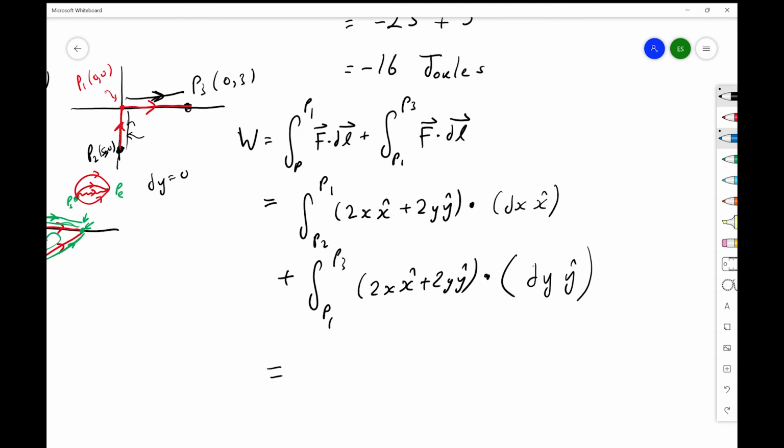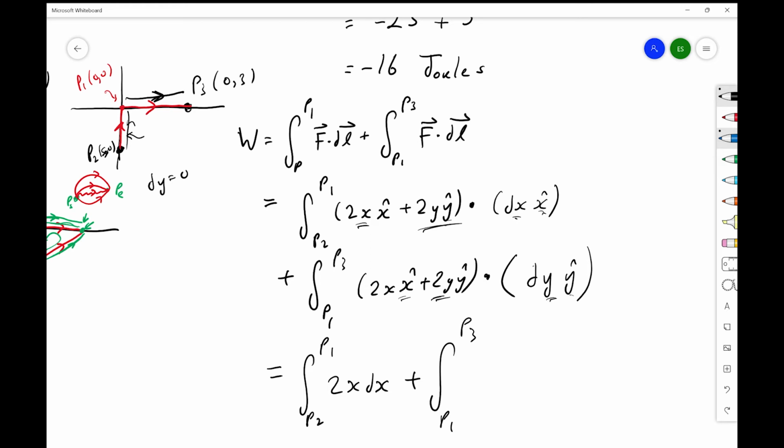this can be decomposed into 2 integrals. So this is going to be P2 to P1, 2x times dx, so it's going to be 2x dx, right? And then the y component, there is no y hat here, so this is going to go away. Plus, P1 to P3, the x component goes with this 0. There is no x hat here.